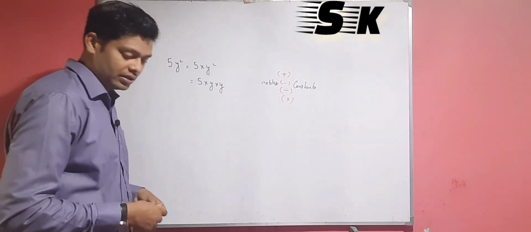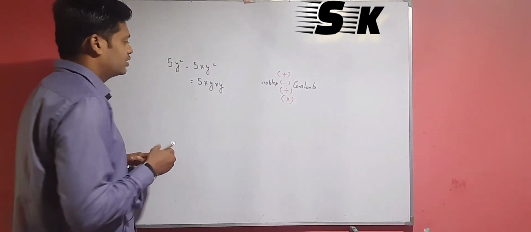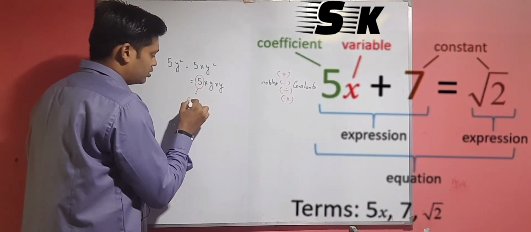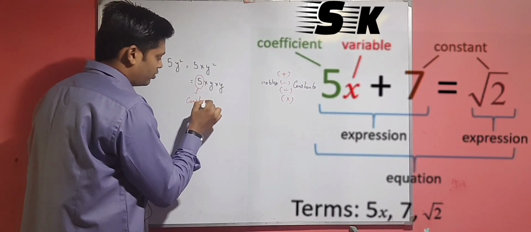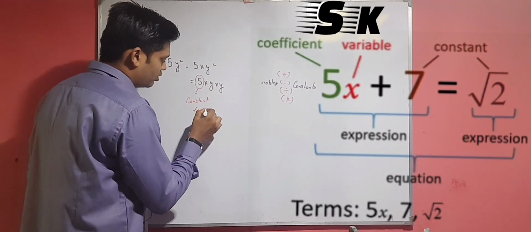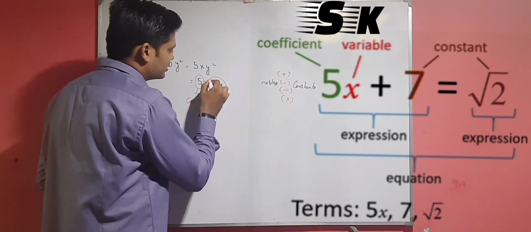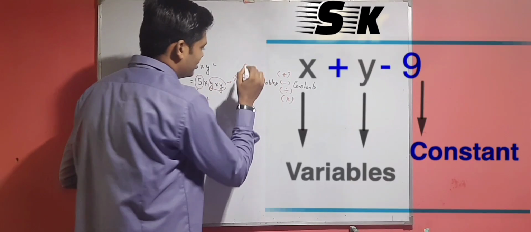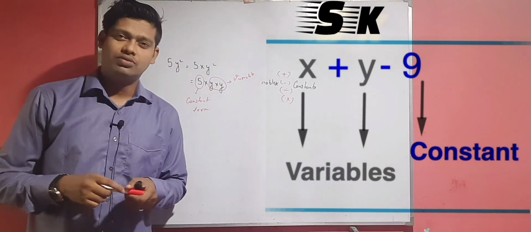It means that here this is a constant term, and what about these two y's? These are variables. Very good. So you understood what I'm trying to say.